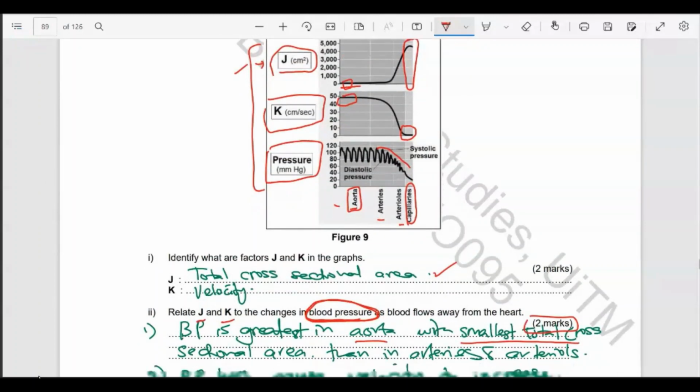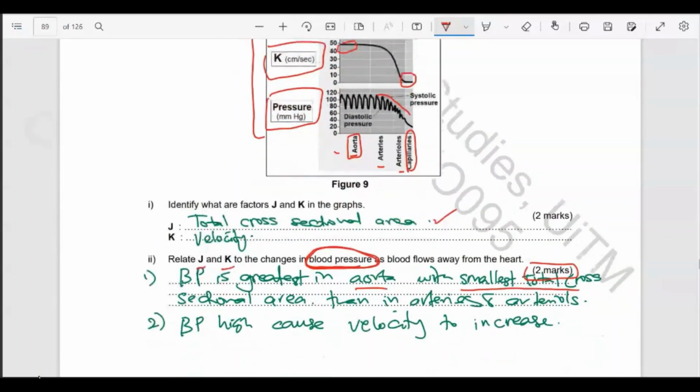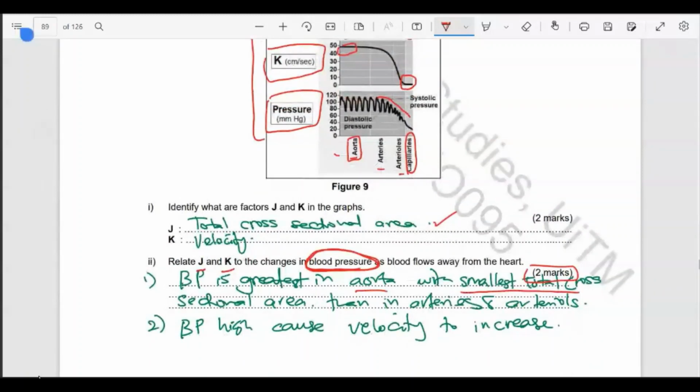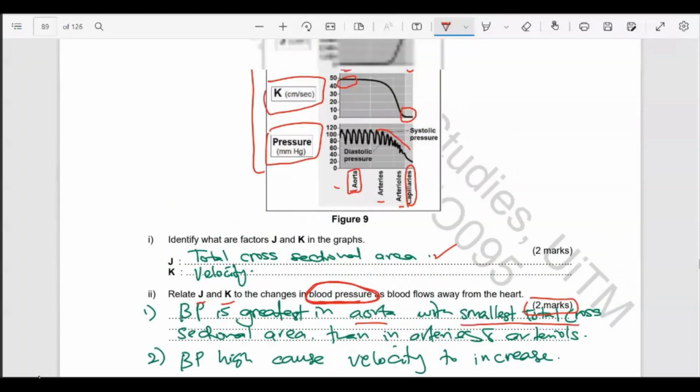So as the blood flows with high blood pressure in the aorta and then into the arteries and then into the arterioles, the velocity of the blood is high. High blood pressure causes the velocity of the blood to be high.